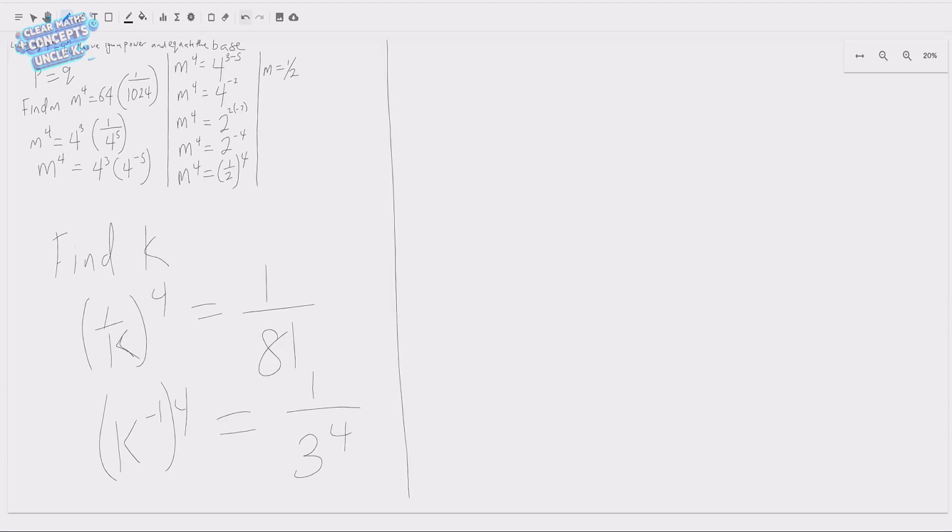So we have k raised to the power -4 equals 3 raised to the power -4. So therefore k equals 3.